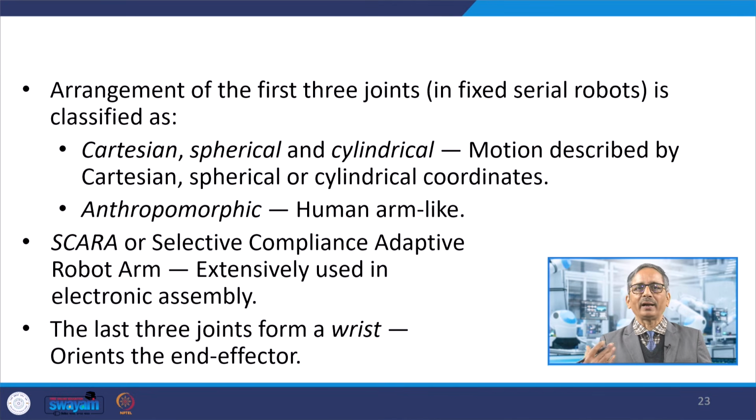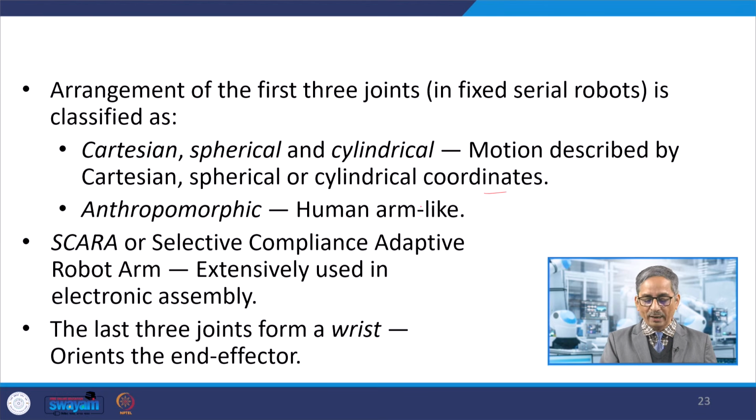The arrangement of the first 3 joints, say in case of a fixed serial robot, is classified as Cartesian, spherical and cylindrical. So the motion is described by Cartesian, spherical or cylindrical coordinates, and based on that this classification could be done.